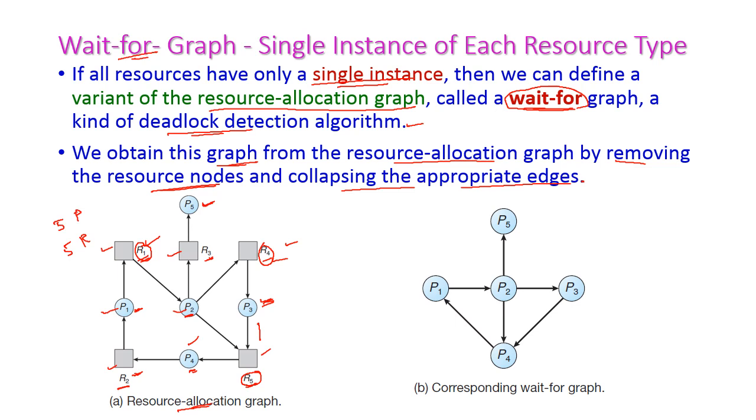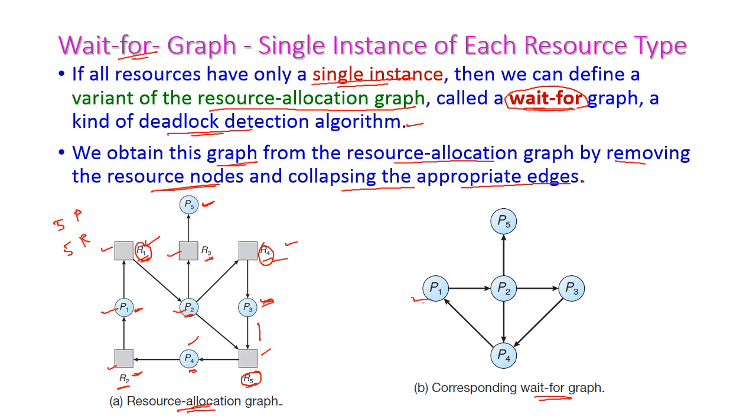Sometimes in this particular graph, it is very difficult to detect the deadlock. Hence what we do is remove all the resources from this graph and merge all the edges, then we get this wait for graph. Here we have the same five processes.